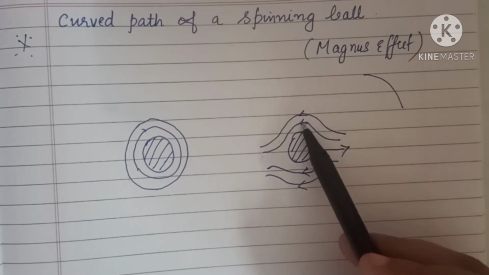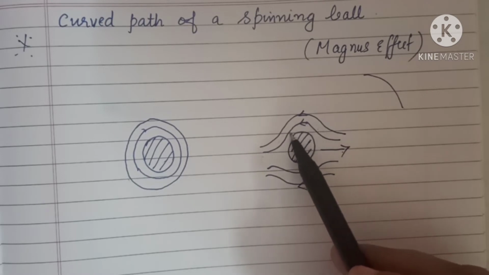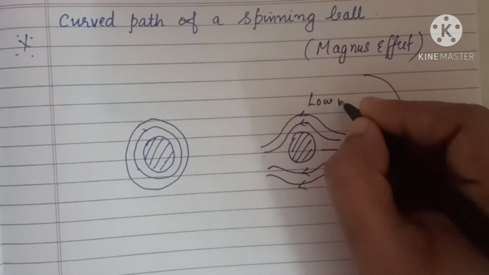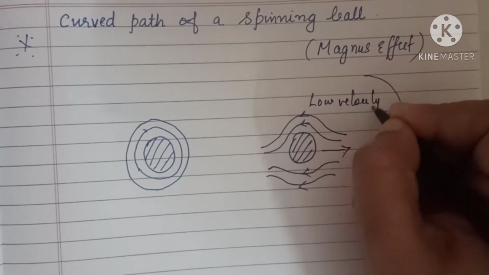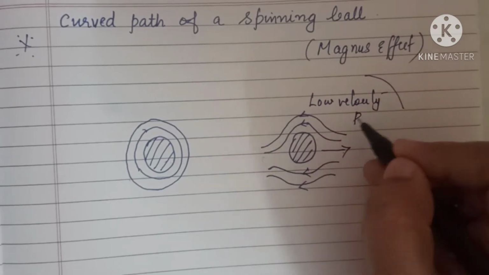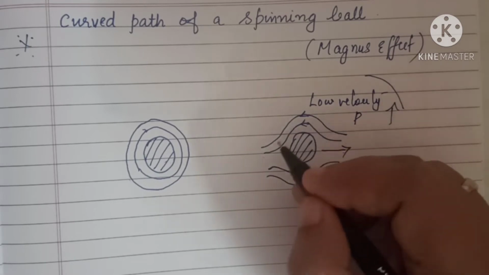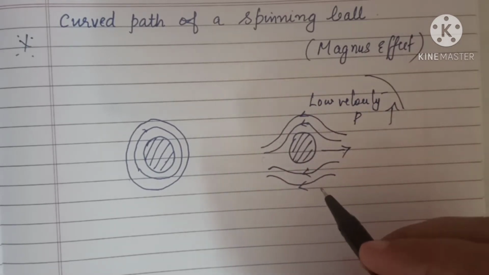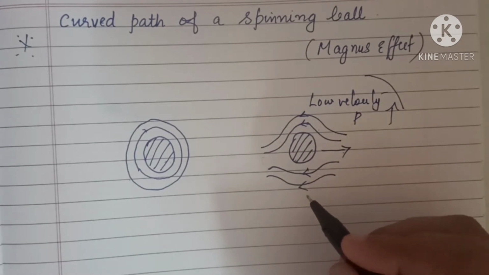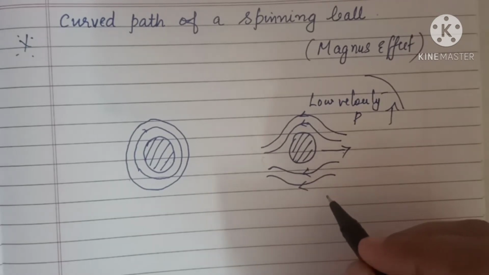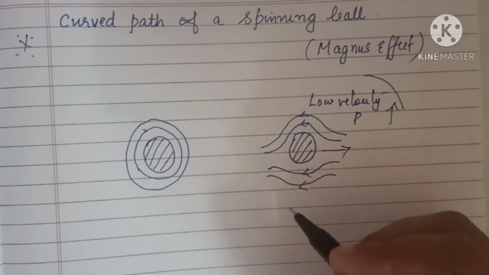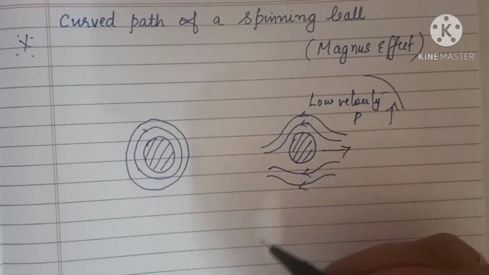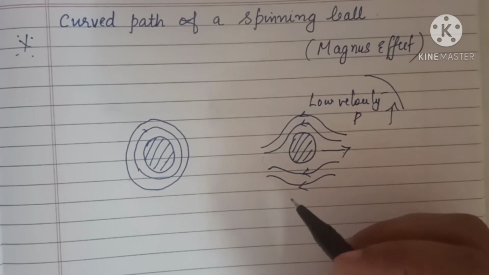The air above the ball will move in the backward direction with a low velocity, and as a result the pressure will increase in the upward portion. Now what about the layer below? The layer below the ball moves in the direction of the spin, and the resultant velocity increases and hence pressure decreases.